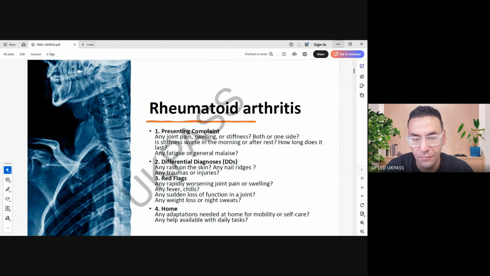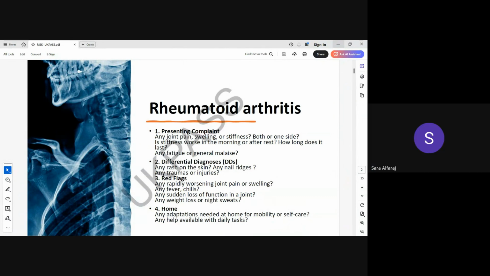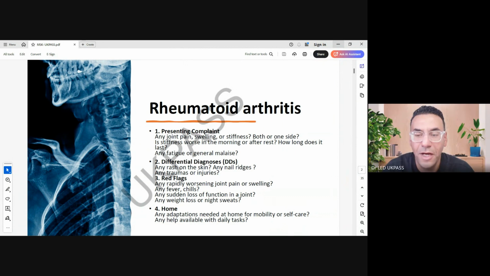But what is one of the commonest, most characteristic features that can differentiate between rheumatoid arthritis and osteoarthritis? Rheumatoid is usually in multiple joints. Osteoarthritis is usually not, it can be in one joint. Perfect. Thank you so much.